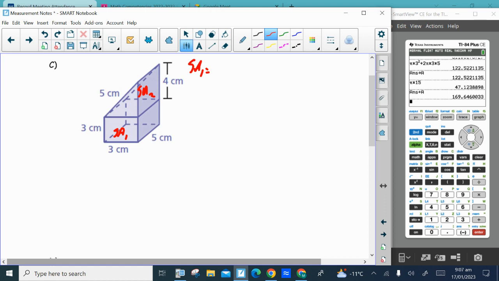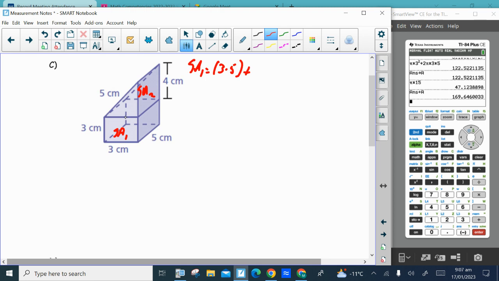So for the box on the bottom, it's a rectangular prism. You've got a base, which is 3 centimeters by 5 centimeters. And I'm not going to put my units here just to save some room, but I'll add them in after. So that's the base. Then you have the front and the back. Those are squares, actually. They're 3 centimeters by 3 centimeters. So you can clearly see the front.